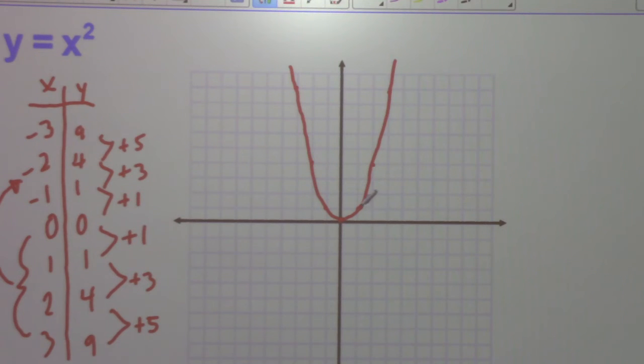And so we have these things here, and graphically, we can see in the table, we have +1 from 0 to 1, +3 from 1 to 4, and +5 from 4 to 9. So 1, 3, 5. So there's a pattern for quadratic functions. The pattern is this.